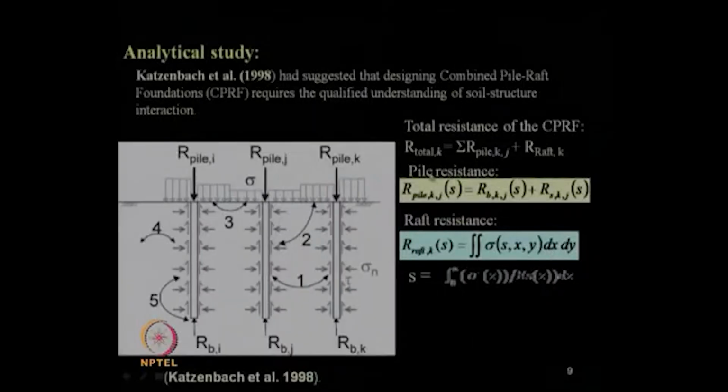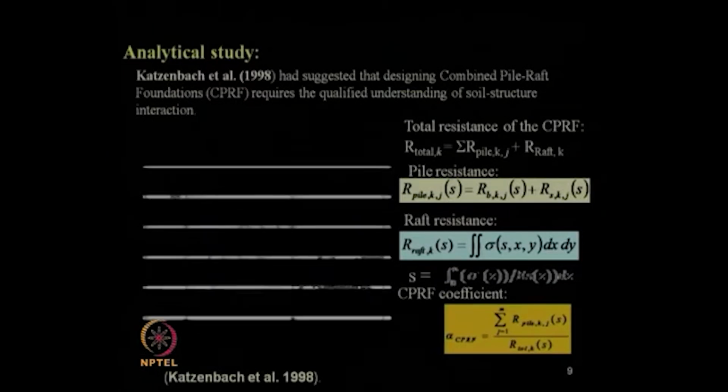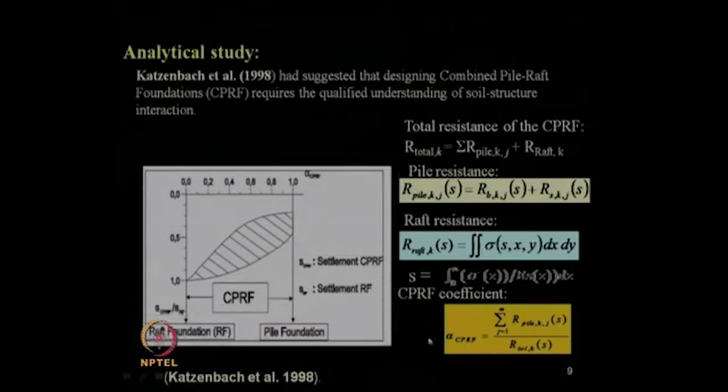This analytical study gives the details about sharing of load between pile and raft, and from that we also mentioned that the CPRF coefficient is the design parameter which needs to be 50% or 0.5. That shows the best design, because then pile and raft share an equal amount of load coming from the superstructure. Alpha CPRF, or the CPRF coefficient, is generally set between 0.45 and 0.55 for design purposes.